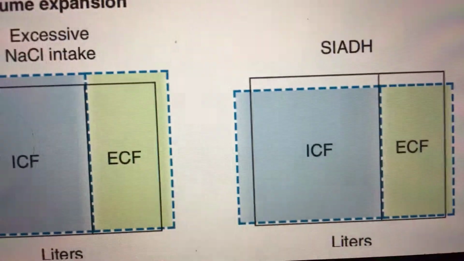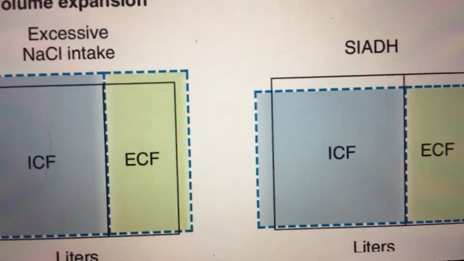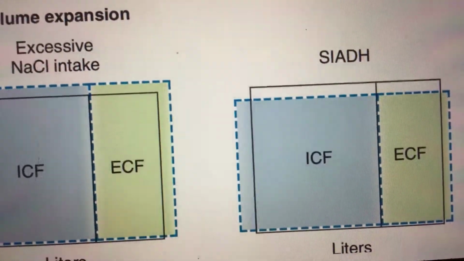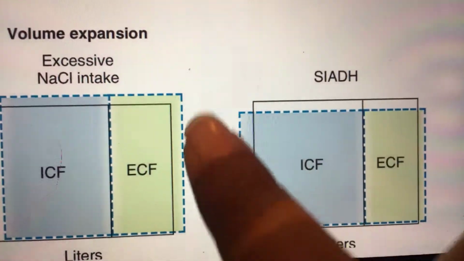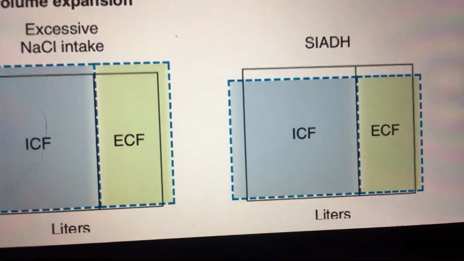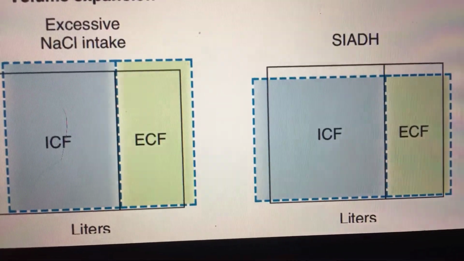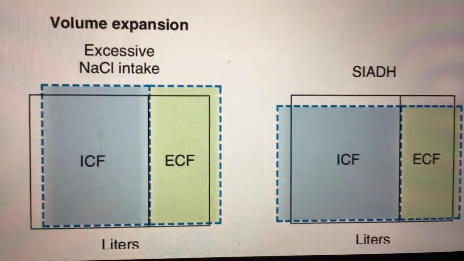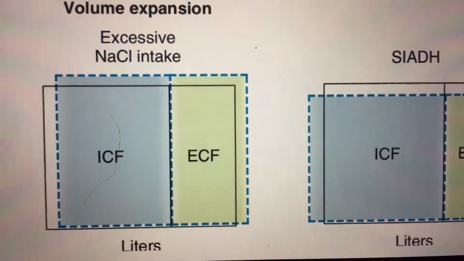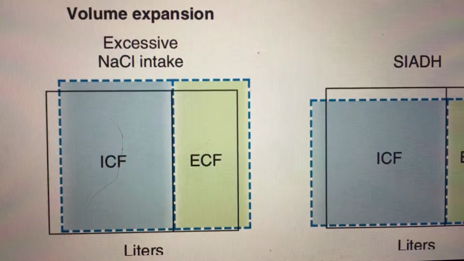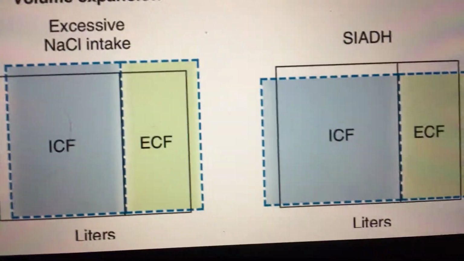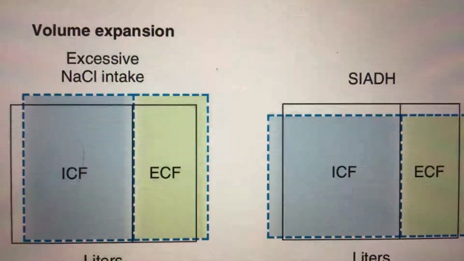So SIADH stands for Syndrome of Inappropriate Antidiuretic Hormone Secretion. Well, firstly, what's happening here? This is hypoosmotic and it's expansion. Okay, now antidiuretic hormone is what is responsible for, I think, reuptake of water. So basically you are losing water, right?